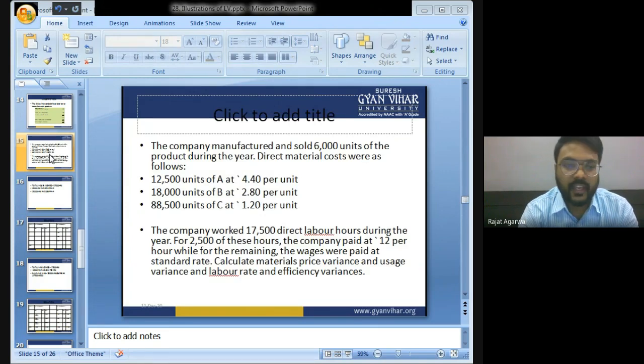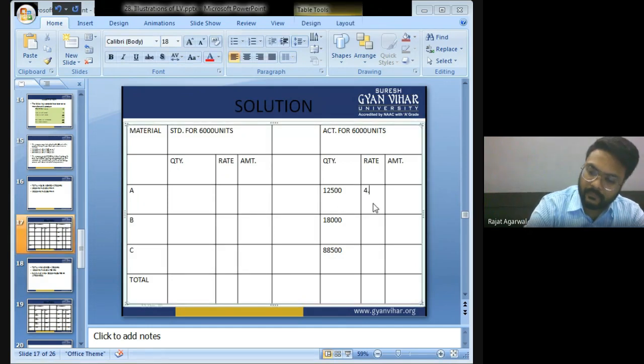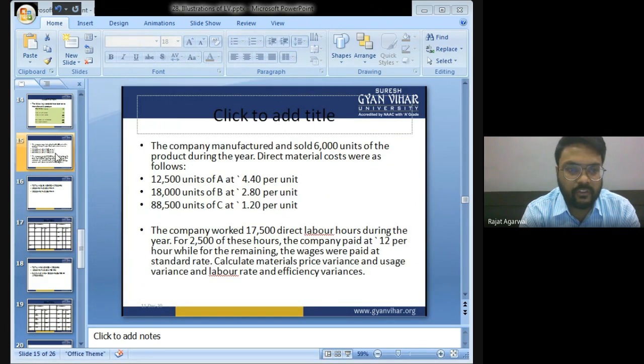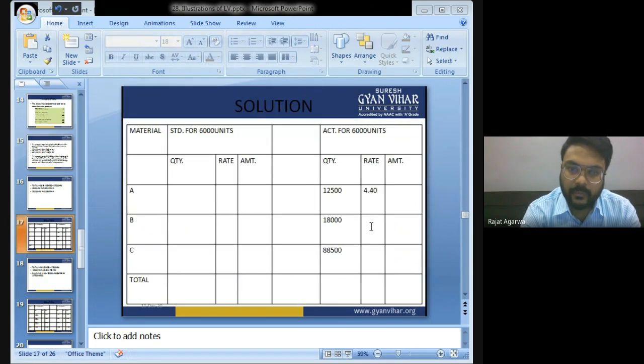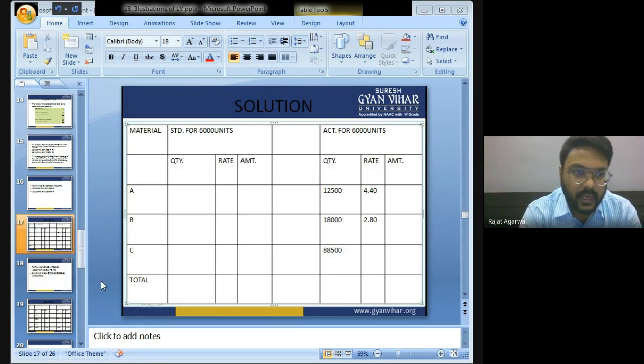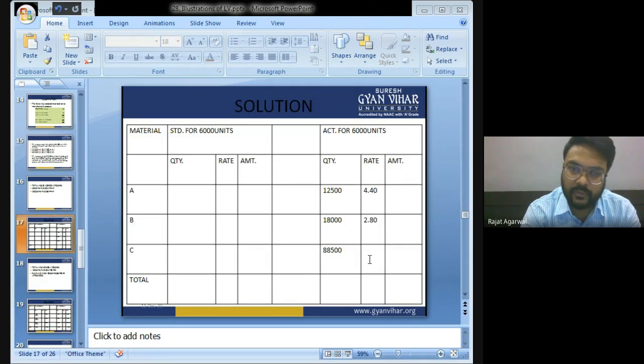Actual price of A is 4.40 per unit. Actual price of B is 2.80 per unit. And actual price of C is 1.20 per unit.